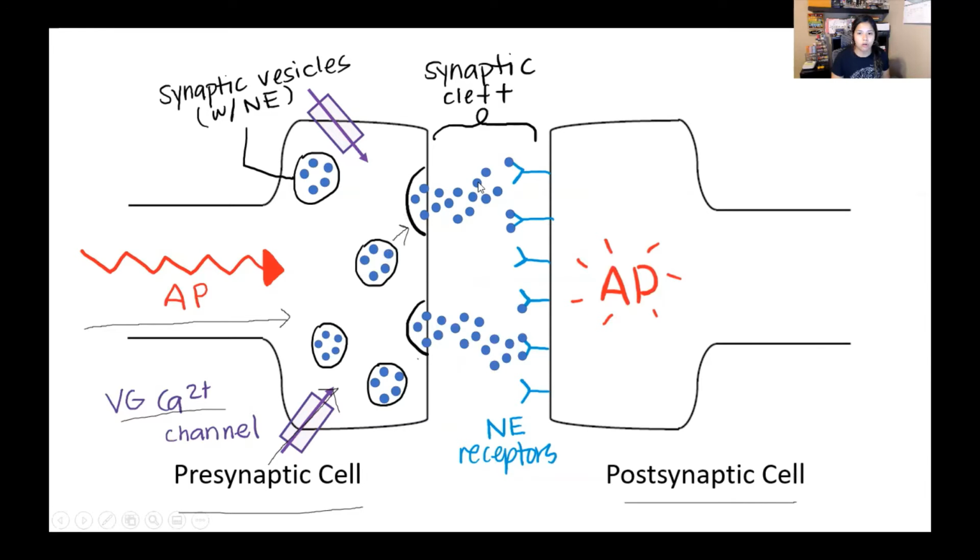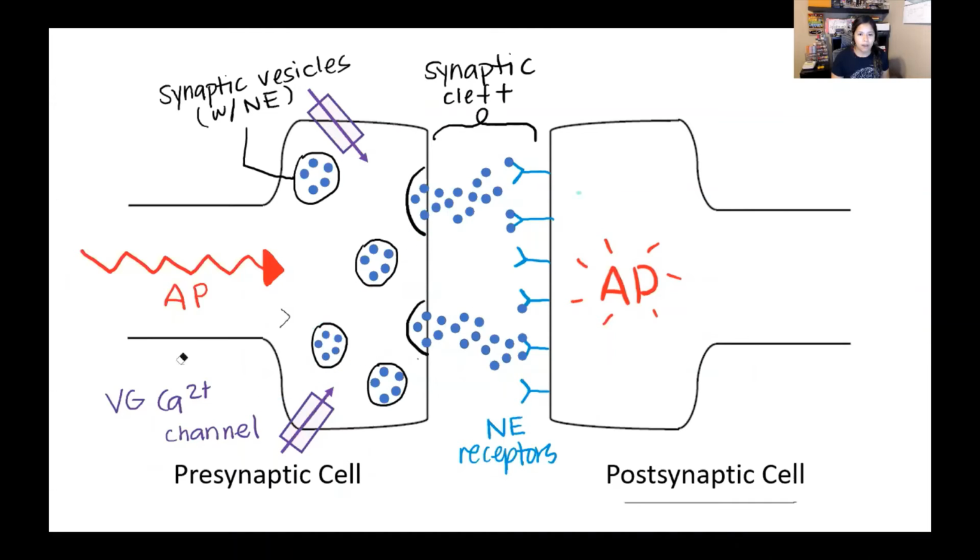Then those neurotransmitters are going to bind to the receptors at the postsynaptic membrane, and that's going to cause local depolarization. That opens channels that allow sodium to come in, making our membrane potential more positive until we reach threshold. And once we reach threshold, then we can fire that action potential. So that's that.